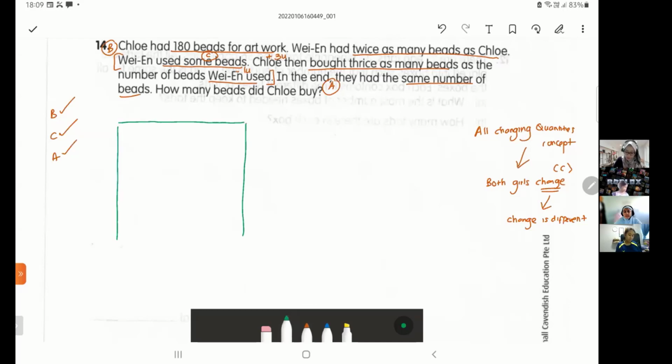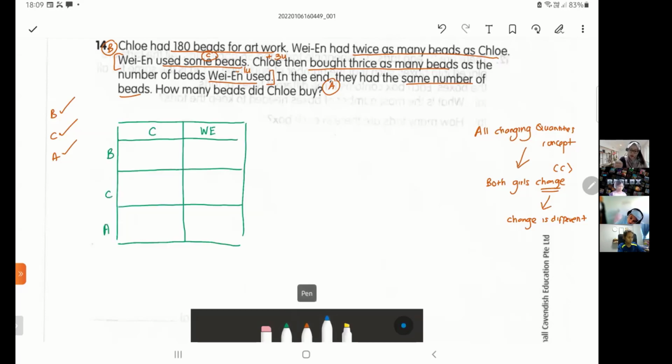Okay, we cut it up into 2 columns. Chloe and Wei-En. Before, change, and after. So before, Chloe had 180 beats. Wei-En has twice as many. Twice as many means 180 times 2 equals 360. That's the number of beats Wei-En has.